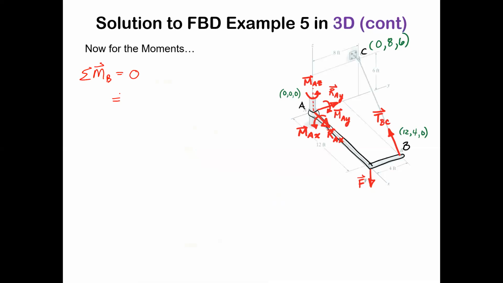And in this case, if we do it at B, we're going to label moment arms here. To go from B to A, this is going to be RBA. And we're going to label this moment arm here, we'll call that RBF.